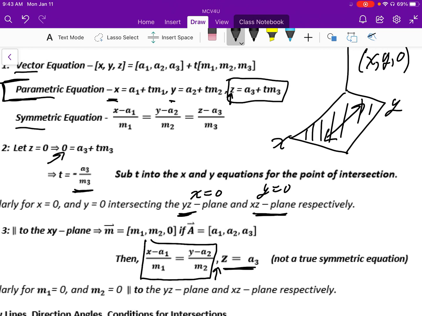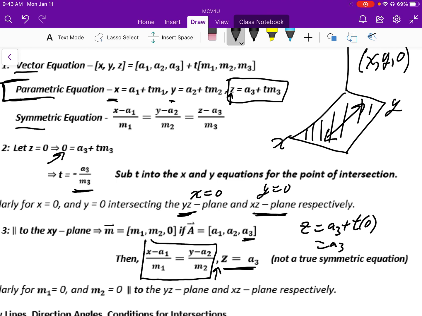All right, we know it's going to be equal to A3. How do we know that? Well, the direction vector component is 0, right? If you take a look at the symmetric equation, you've got A3 plus t times 0, which is just A3. All right, that's the idea itself.